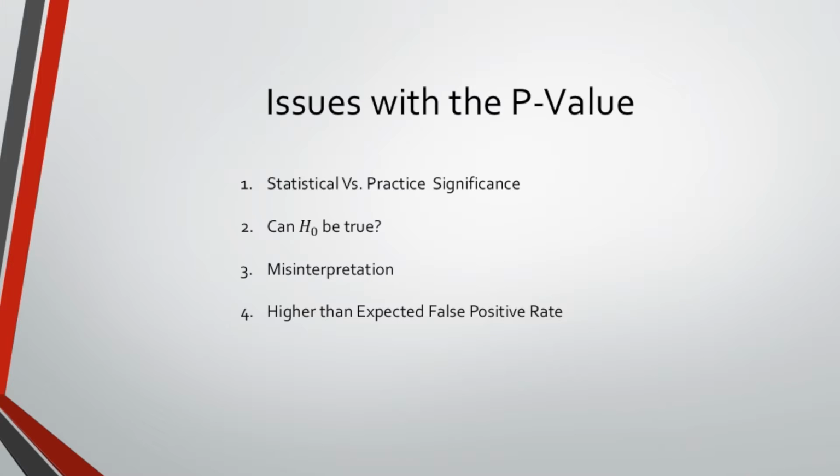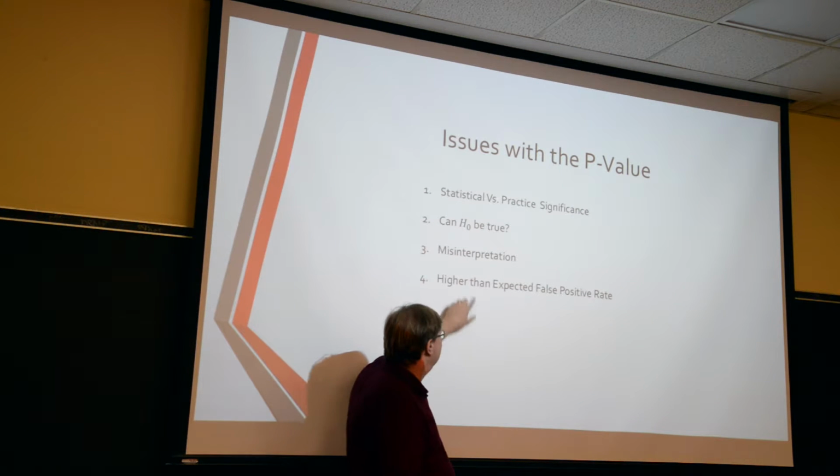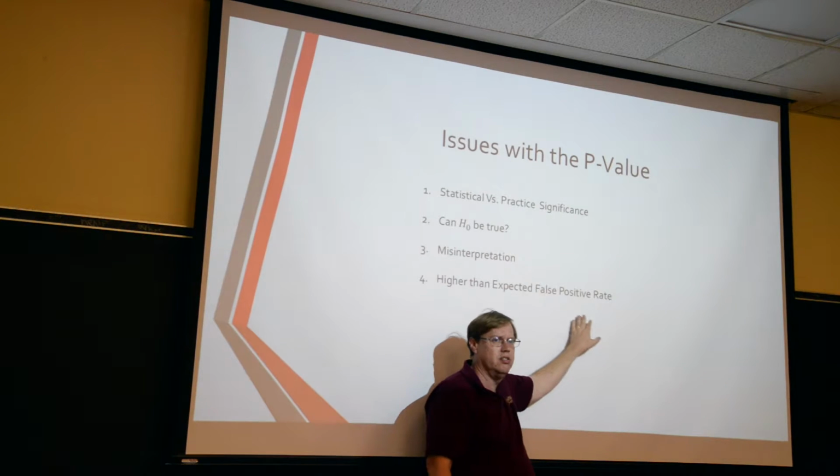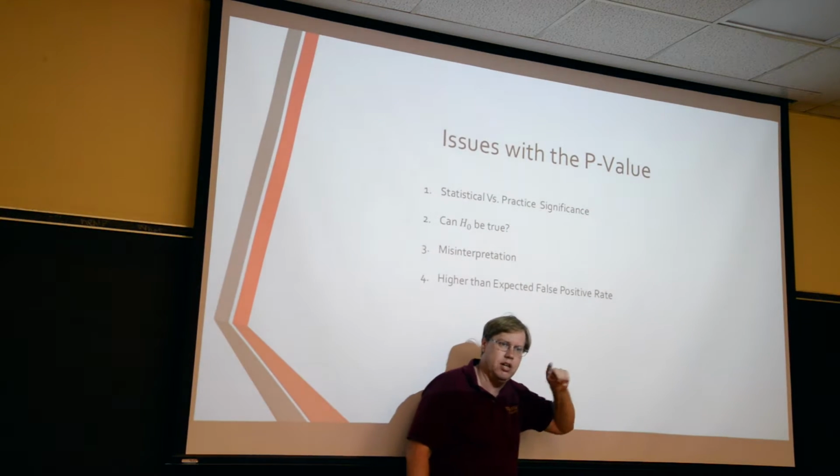The biggest issue is misinterpretation. There's a particular mathematical or statistical interpretation of what the p-value says, and then there's a particular interpretation that people want it to say, and they are not the same. And the last thing, which is not commonly talked about but is one of the issues that led them to ban p-values from that particular journal, is that p-values have a higher than expected false positive rate. We'll talk about what that means.